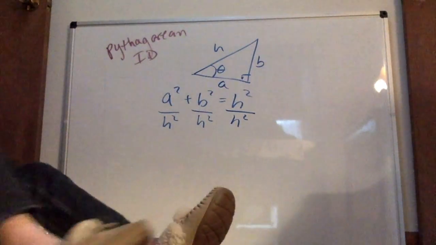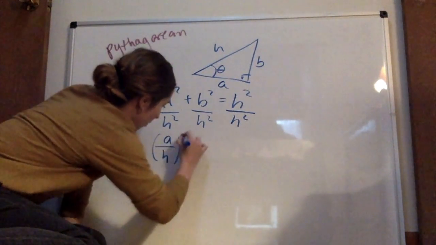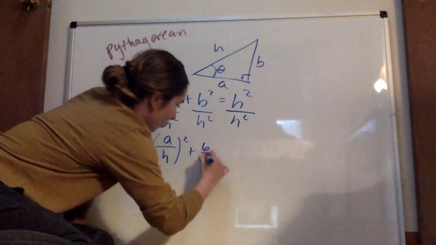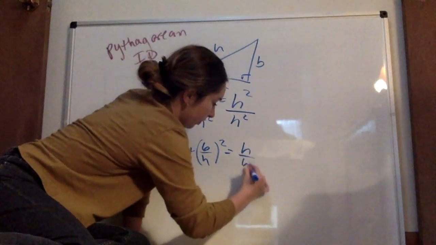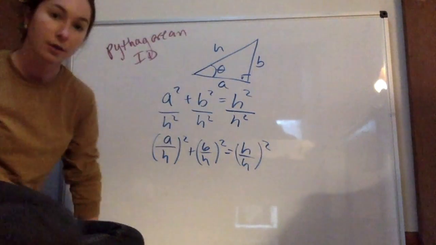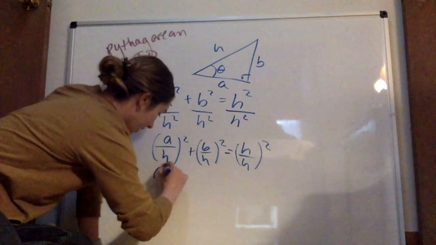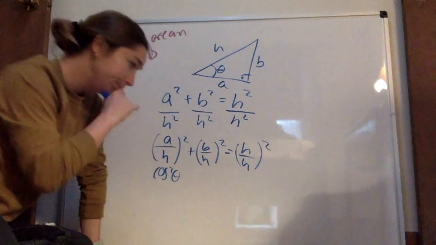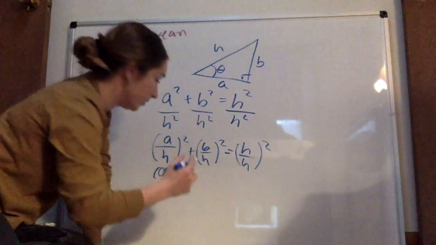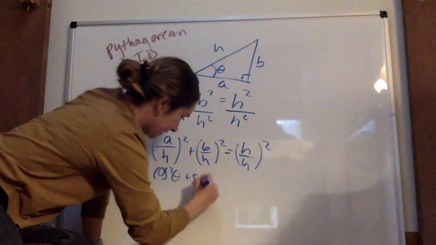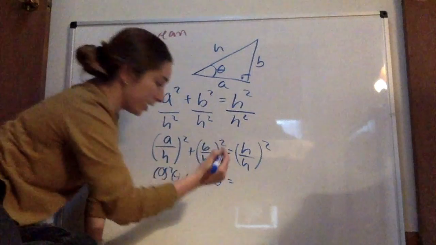So now, I can make this A over H all squared plus B over H all squared equals H over H, or 1 all squared. A over H, adjacent over hypotenuse, that's cosine, cosine squared. B over H, opposite over hypotenuse, is going to be sine squared of theta. H over H is just 1, squared is still just 1.